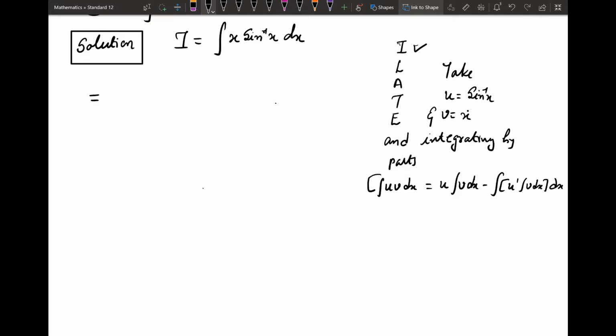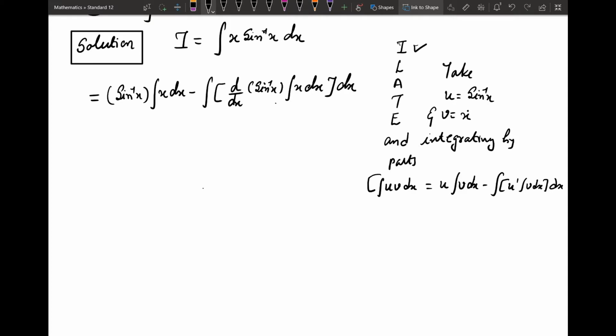So this is u, sine inverse x, integration x dx, minus d by dx of sine inverse x, integration v dx, again we have to integrate.